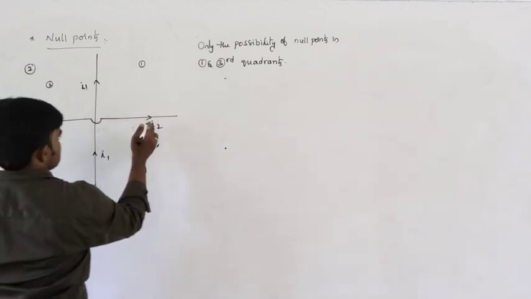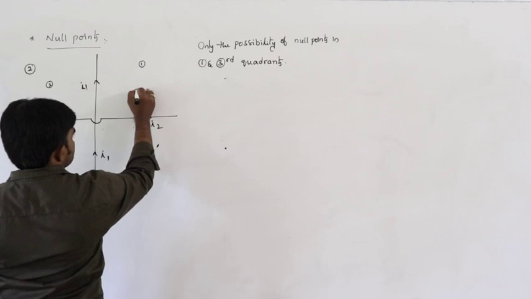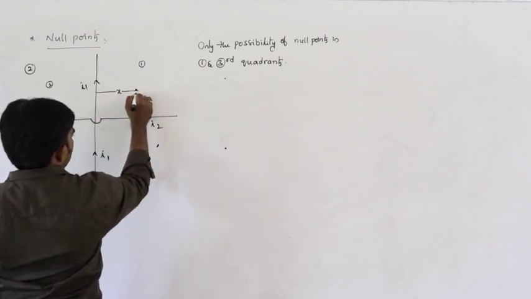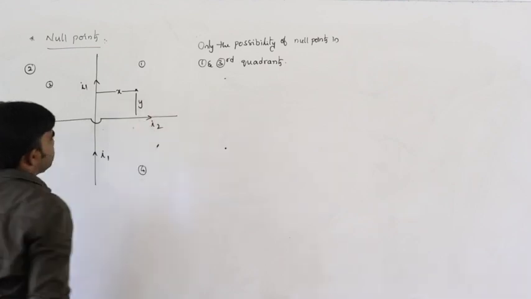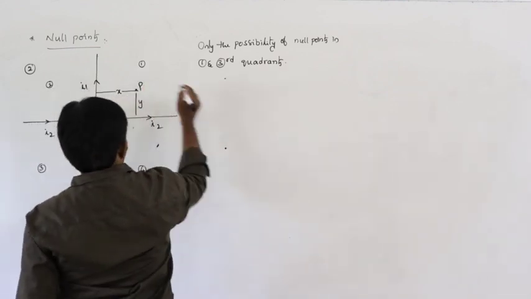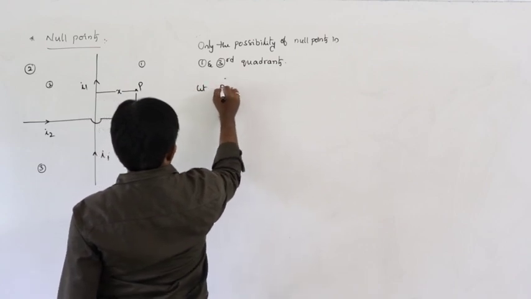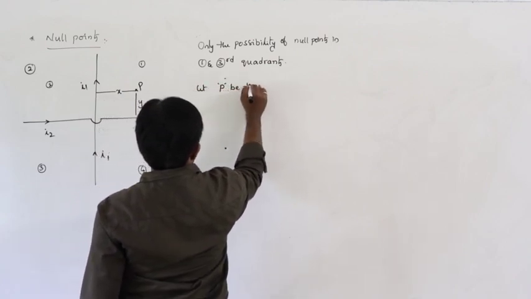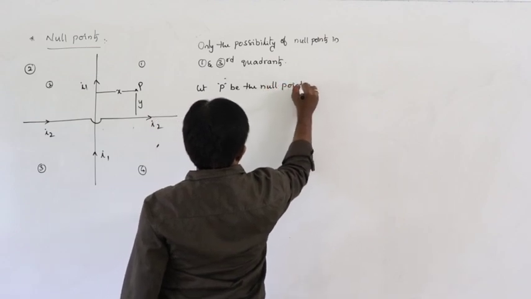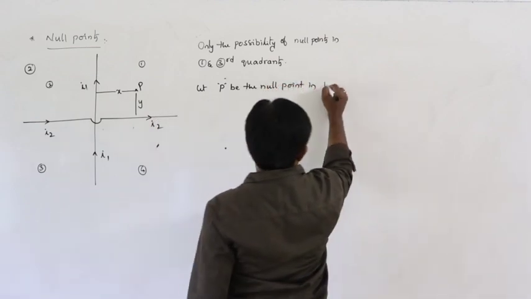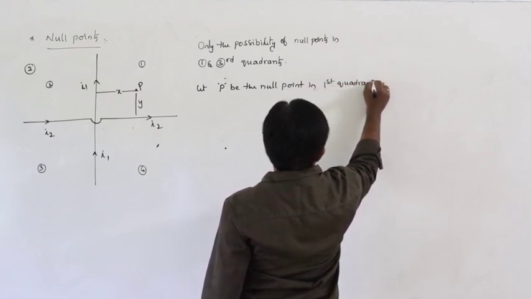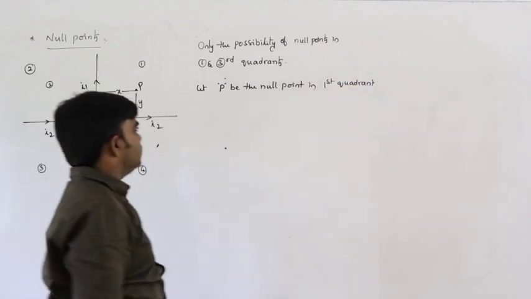See here, this is the first quadrant. Let us say this is the possibility. This is the distance x and this is the distance y. Let P be the null point in the first quadrant.